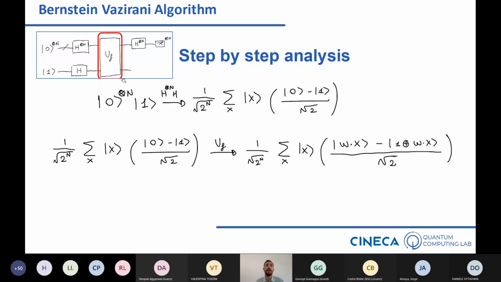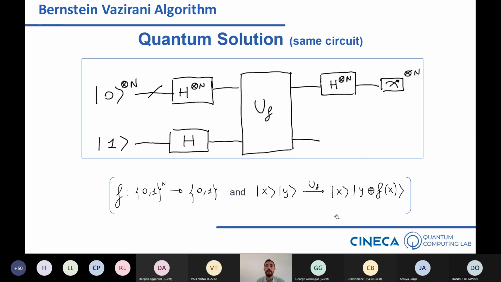We apply the U of f this time, like we have seen before in the Deutsch-Jozsa algorithm. The effect of the U of f is the one shown here.